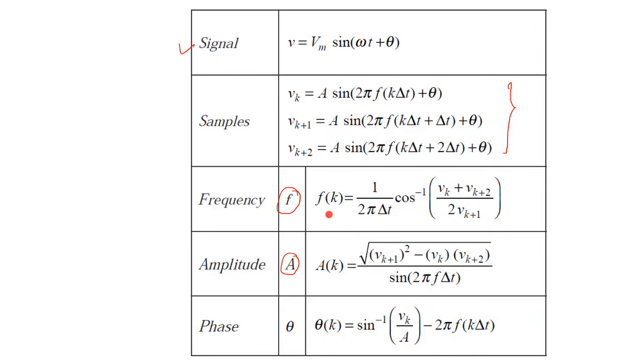The frequency expression we got is 1 by 2 pi delta t cos inverse of Vk plus 2 by 2 Vk plus 1, and the amplitude expression is the square root of Vk plus 1 square minus Vk into Vk plus 2, divided by sine of 2 pi f delta t, right? And after that we found the expression for theta, that is theta k equal to sine inverse of Vk by A minus 2 pi f k delta t, where f and A are known quantities from the above expressions, right?